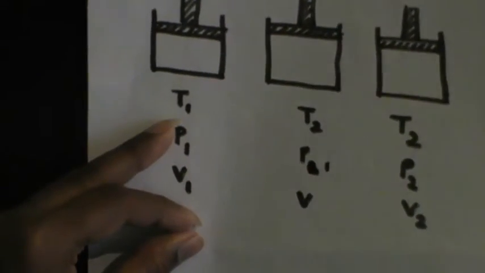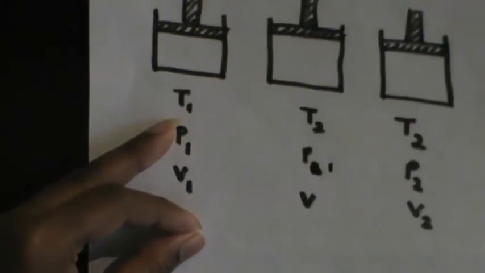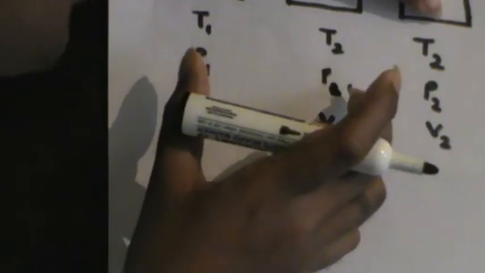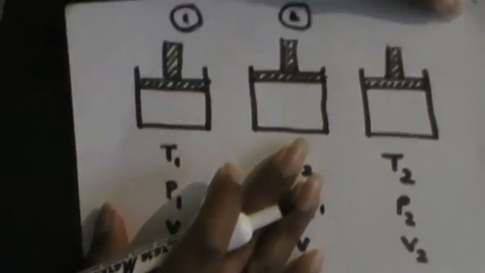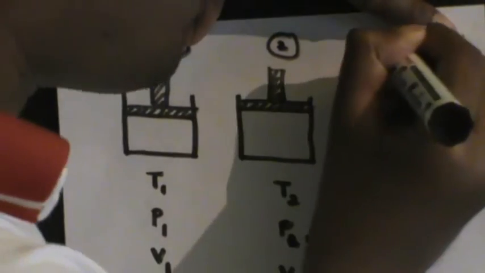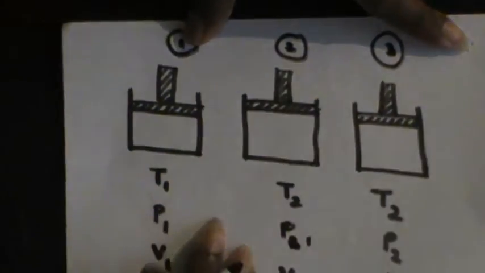So I can change the pressure, I can change the volume, and externally I can change the temperature, so the absolute temperature as well. I'll take this to be the first system, this to be the second system, and this to be the third system.